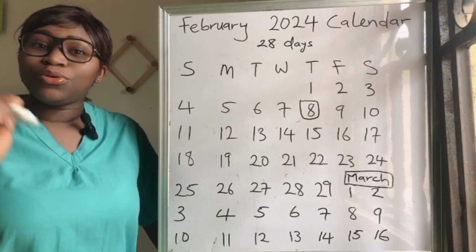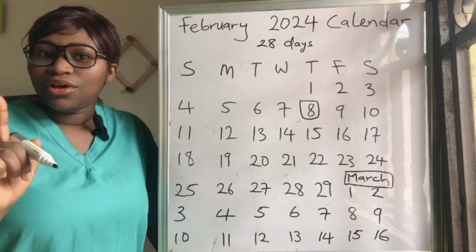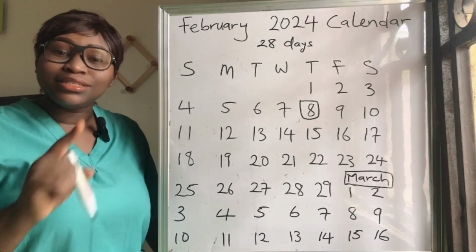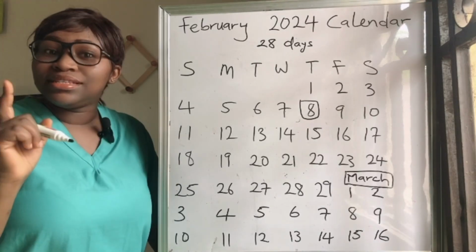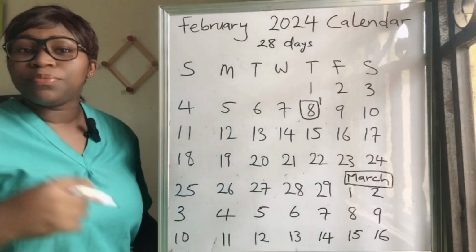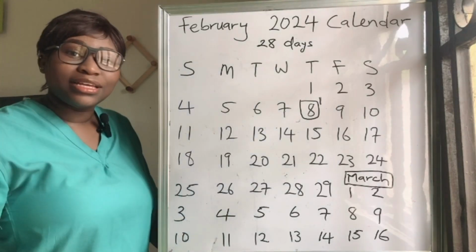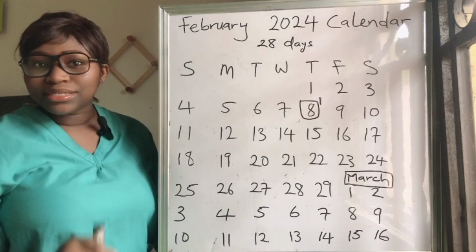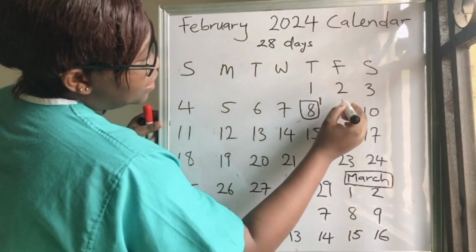Now, the day you got your period is day 1 of your menstrual cycle. So 8th February, which was the day this woman's period started, is day 1 of her menstrual cycle. Then you keep counting till she gets her next period, and you stop counting a day before that next period. Now let's count together. This is day 1 of her cycle.